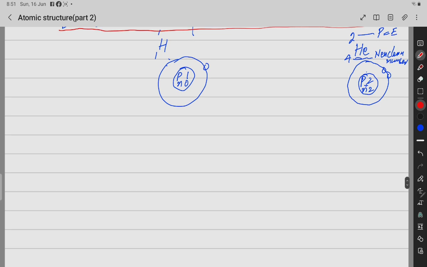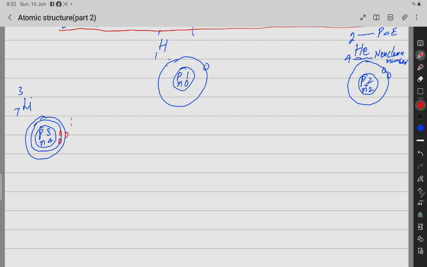Now the second period. In the second period, the first element is lithium, and we have 2 shells. This is lithium 3 and 7, proton 3, neutron 4. The first shell has 2 electrons and the second shell has 1 electron.